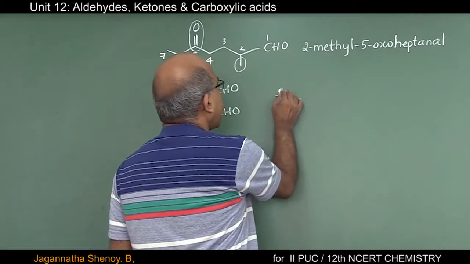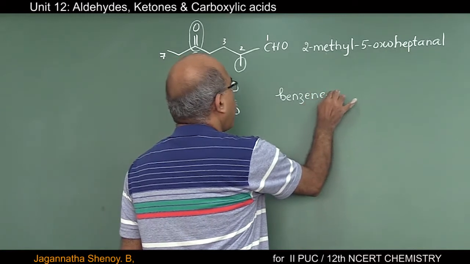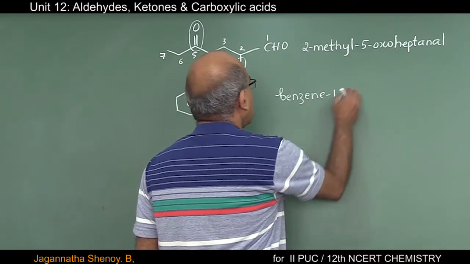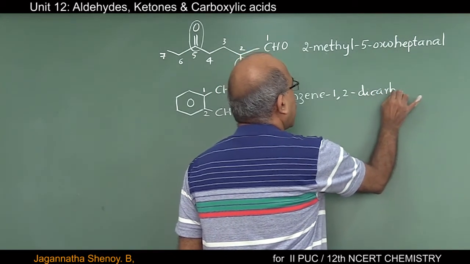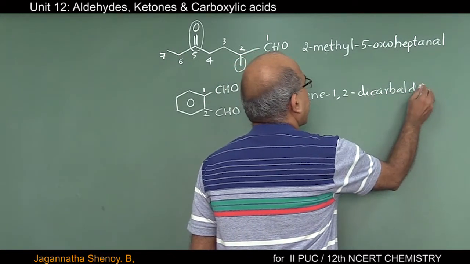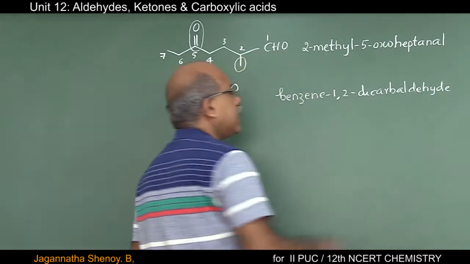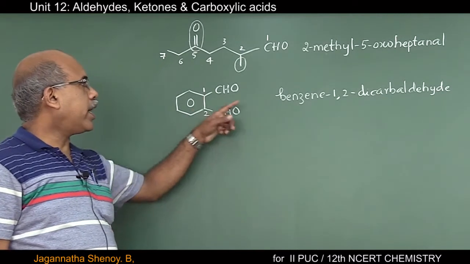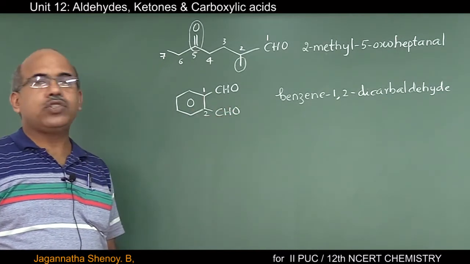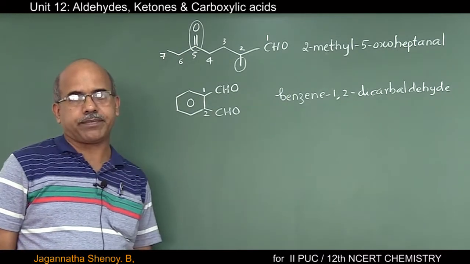So the IUPAC name of this compound is benzene 1,2-dicarbaldehyde, because the carbon atom of CHO is not counted with the main chain. That is why it is called benzene 1,2-dicarbaldehyde. So that is the IUPAC name.